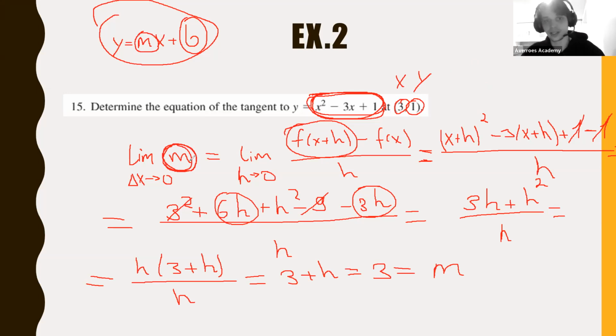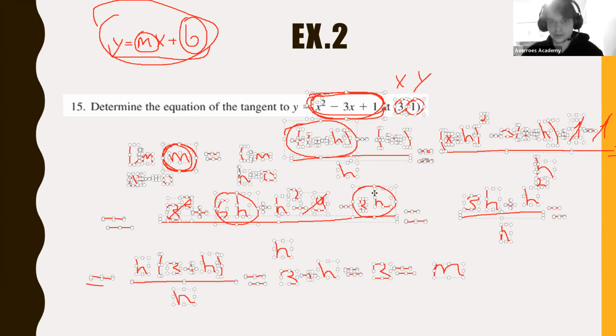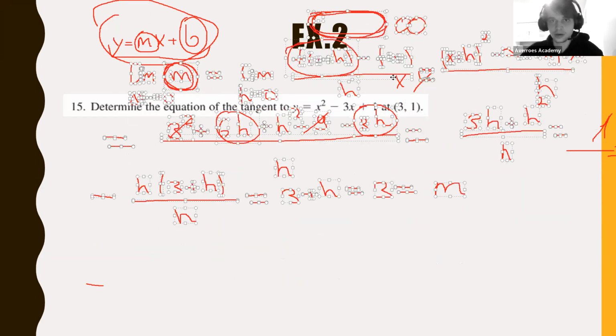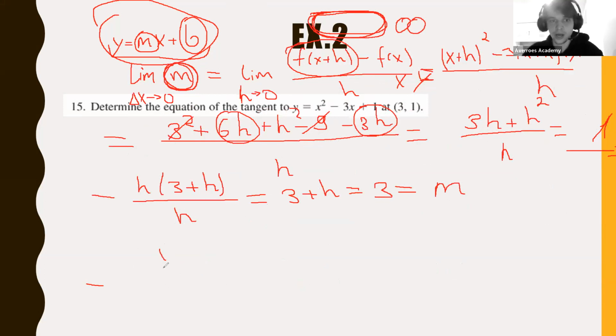So we evaluate m first, and then substitute all known values for the unknowns here. Let me do it real quick. So now, what are we doing? y equals mx plus b.